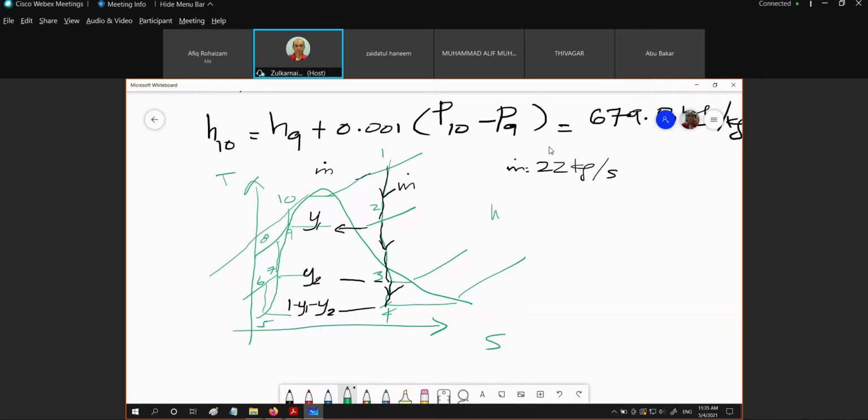The W net is equal to W12 plus W23 plus W34 minus W56 minus W78 minus W910.